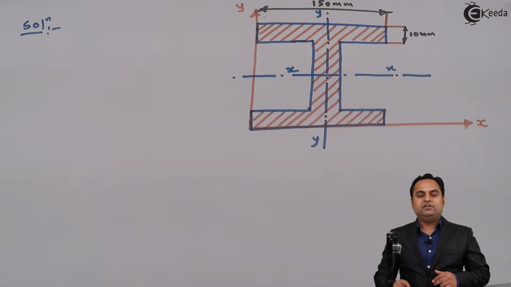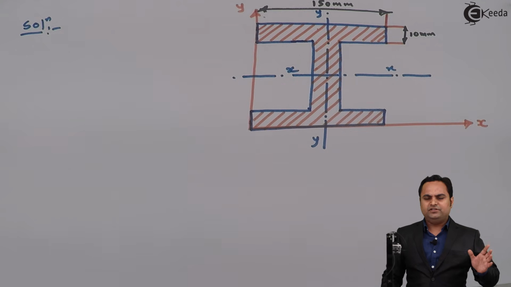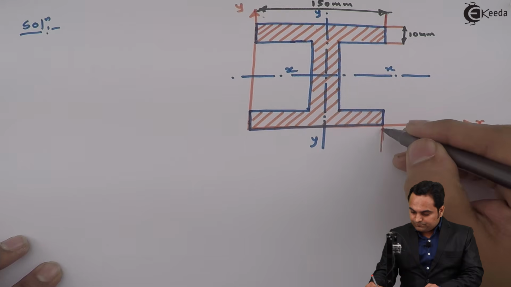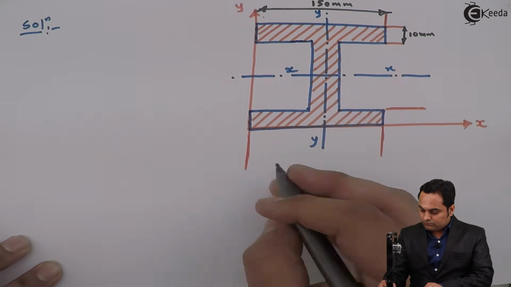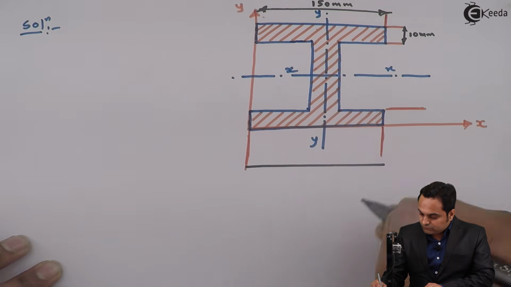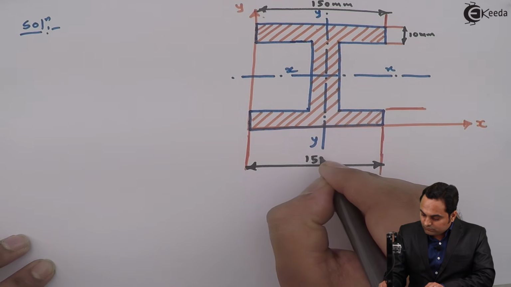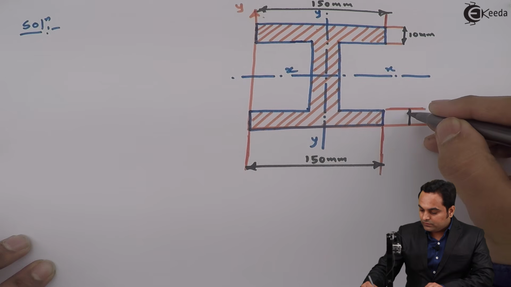Then even the bottom flange is having the same dimension, because here the dimension of the flanges are given together, no separate dimensions for top and bottom flange. So this is also having 150 mm into 10 mm area.